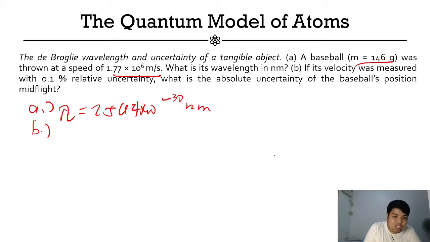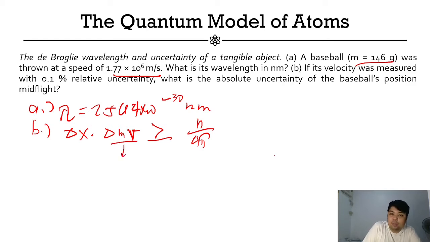mid-flight does not change its mass, therefore, in our Heisenberg's uncertainty principle, h over 4 pi, sorry. Since the ball does not change its mass mid-flight, we can convert this to mass times velocity.